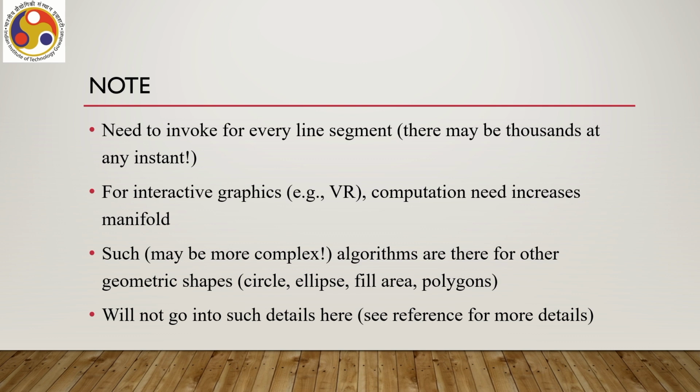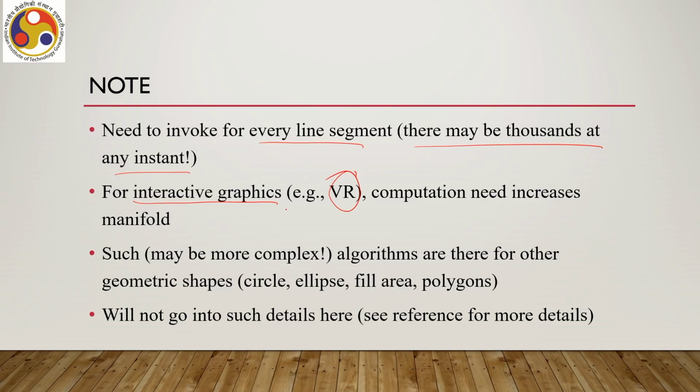Now, this algorithm we need to invoke for every line segment, and there may be thousands at any instant. For interactive graphics, where we can change the display based on user input, such as virtual reality, computation need increases manifold, because with every input we need to change the scene.